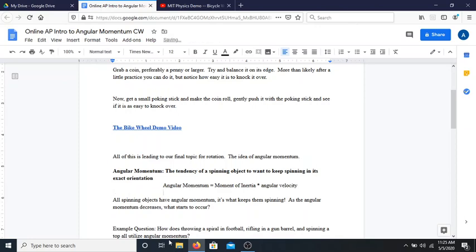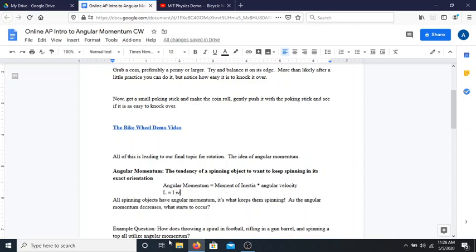In formula form, angular momentum is represented with a capital L. So angular momentum is equal to the moment of inertia times the angular velocity, which remember is an omega, but because I don't feel like writing up that omega, it's just a w.